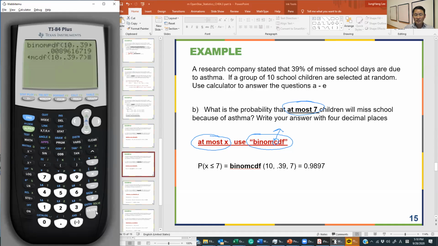Enter, enter, and enter. Okay, it says write answer in 4 decimal places again. So we are going to cut it right here. Since this is 8, they'll change that 6 to 7. And that's what we get right there. Okay.